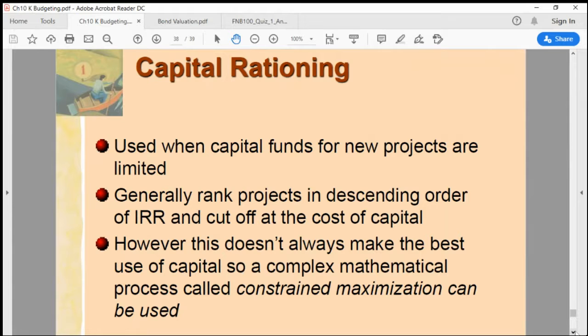Of course, because you have a maximum budget of 10 million, right? And if 3 projects or 4 projects already exhaust the budget, then the other projects cannot be funded. They will have to be dropped. Why only 4 projects?